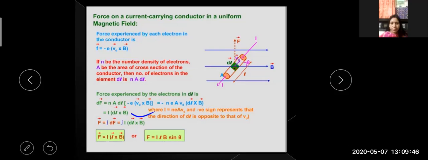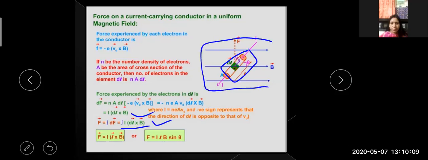Now the force experienced by this conductor of length L is given by the integration of dF, which is I dl cross B. On integrating this equation, the integration of dl is L and B is constant, as this is a uniform magnetic field.